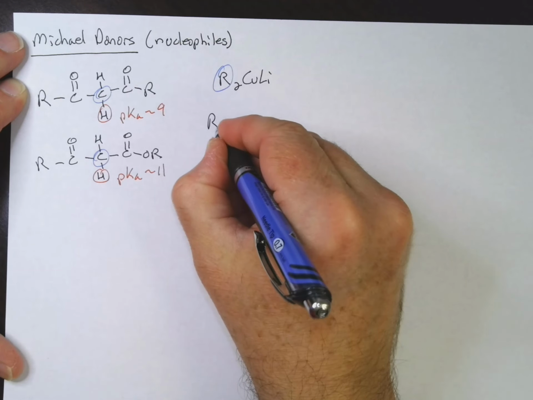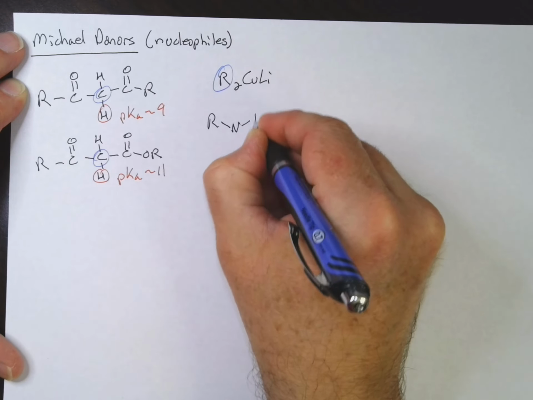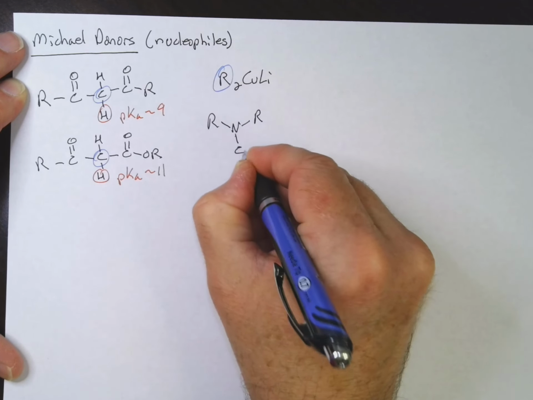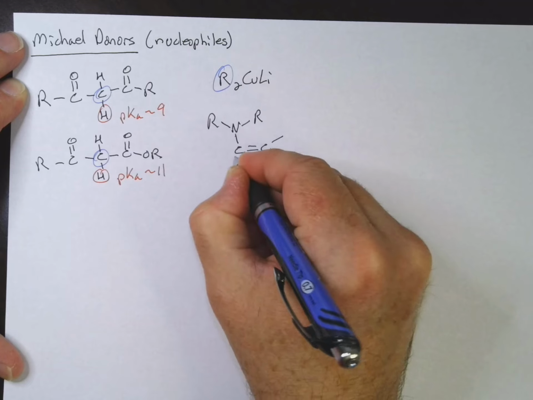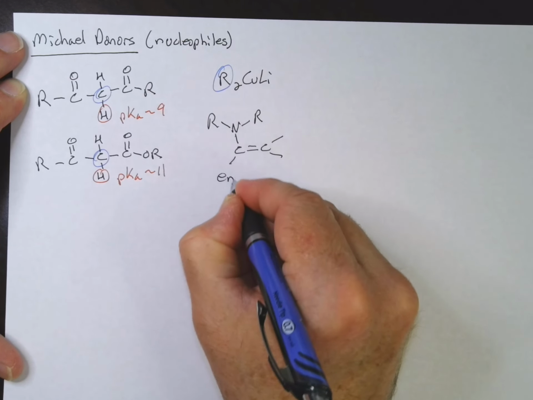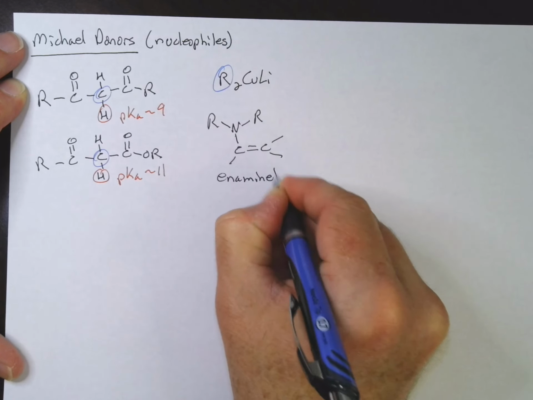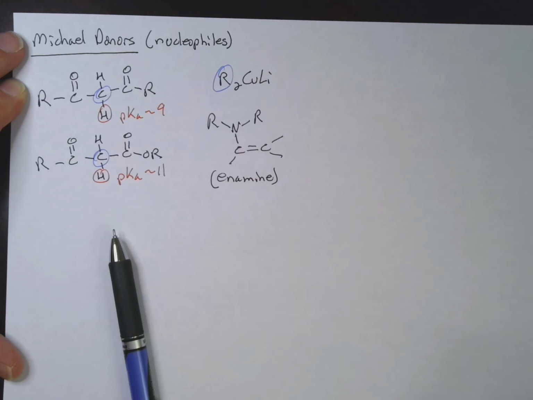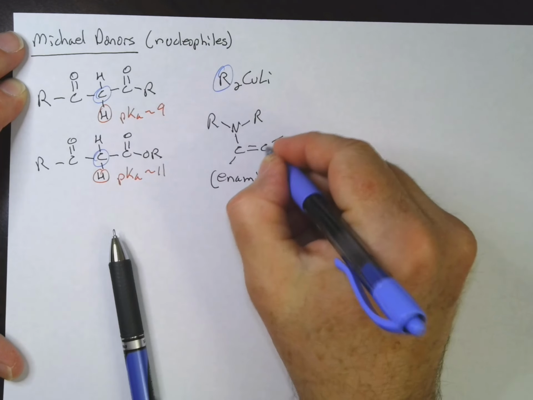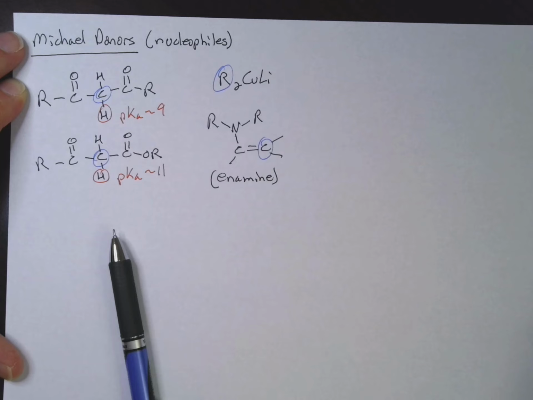We could have R, N, R, C, double bond C. We could have an enamine. There's actually a reaction called the Stork-enamine reaction, which is a nice way to make a ketone, diketone.